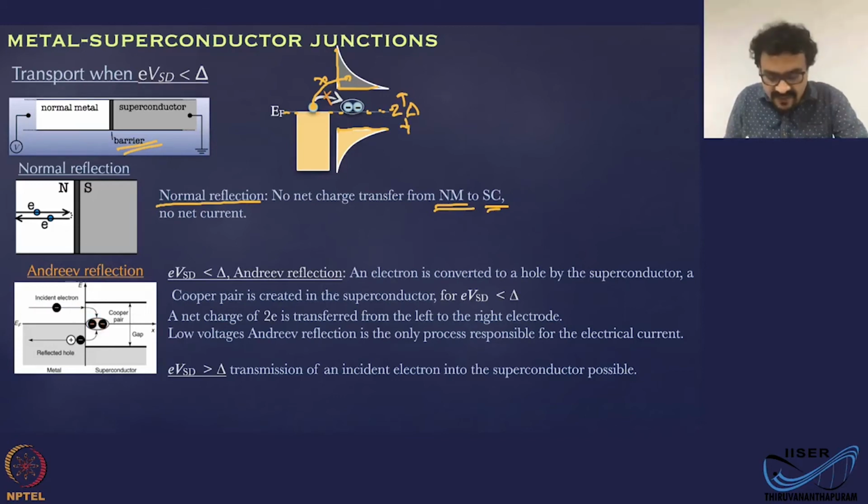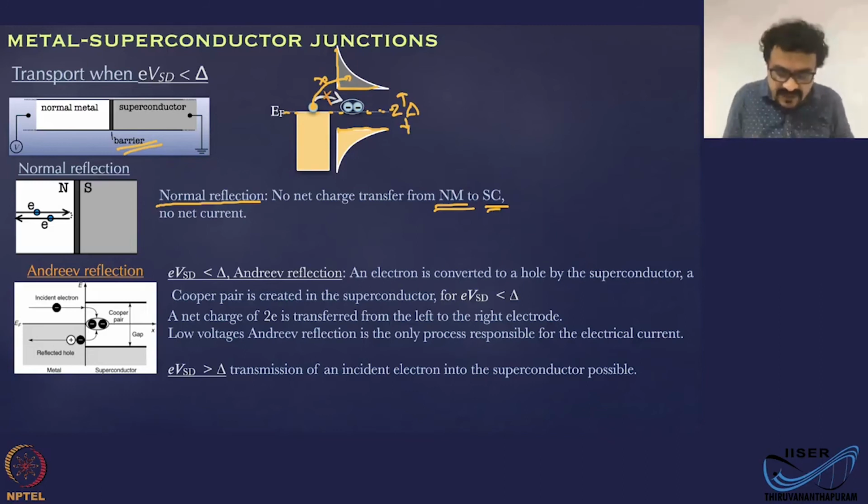But if another electron is available right at the interface, then this electron can combine with that electron and form a Cooper pair, provided the momentum and the spin states are matching, which is not a huge issue because you have a huge number of electrons on the metal side, and you always will find another electron with opposite momentum and opposite spin. That is not that hard, and that's very easy. There are always matching electrons available.